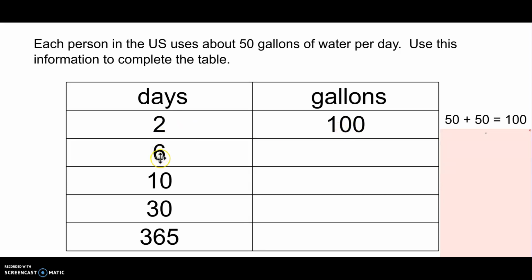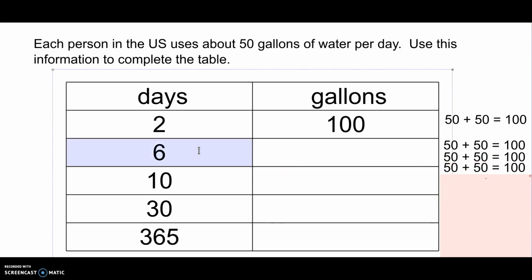How about in 6 days? How many gallons of water would a person use if they're using 50 gallons a day? So I'm thinking about adding 50 6 times. I can also think about this as needing to do 6 times 50 to get the number of gallons.